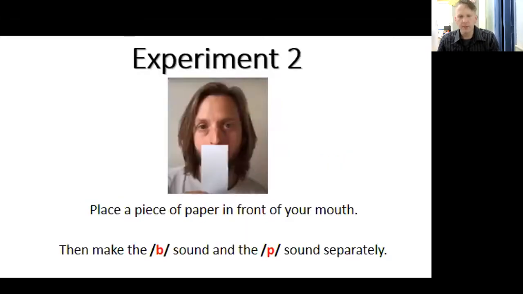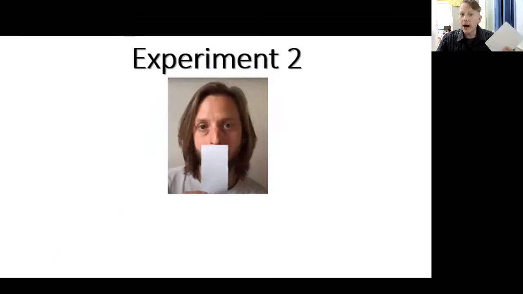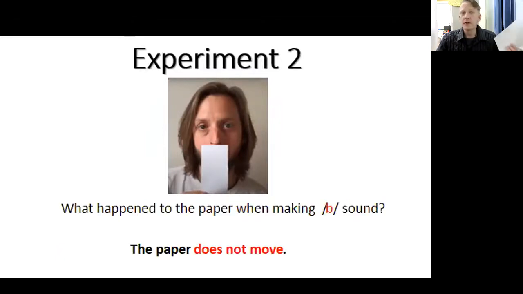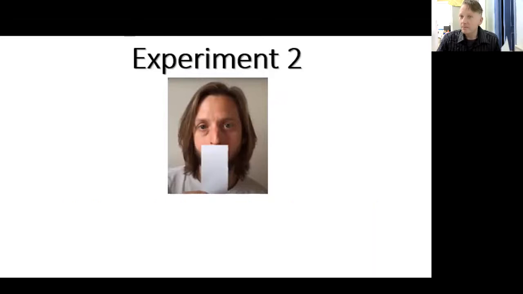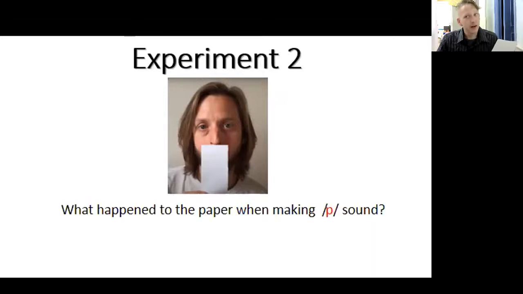Okay, let's do another experiment. Get a piece of paper. Now let's do the B sound. B, B. Okay, you notice what happens? The paper does not move. Try again. B, B. Okay, now we're going to do the letter P. Let's try the letter P. P, P. You see the paper move forward.